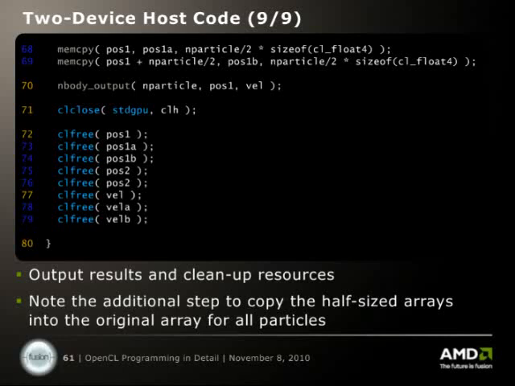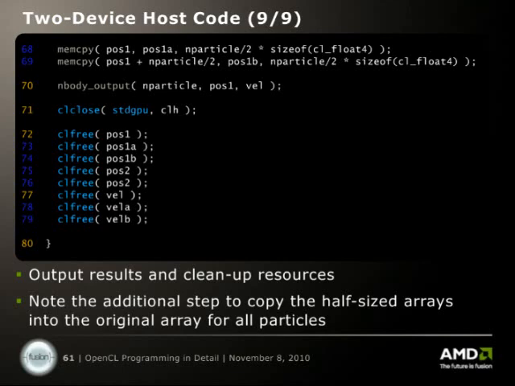This is just a matter of convenience so we can reuse some of our helper functions. Lines 68 and 69 are copying 1/2 of the particle positions back into our larger array. And after that, everything follows.